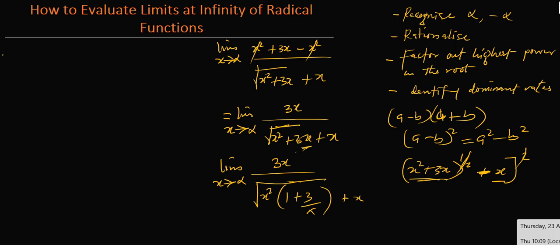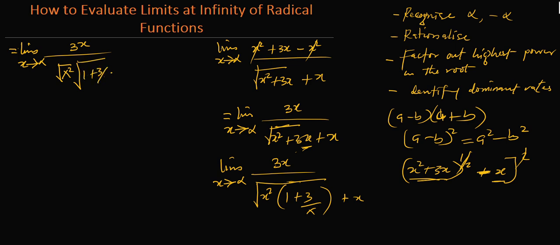And if we go further to evaluating this, what we will have left will be the limit as x approaches infinity of 3x all over, let's just write it out, root x squared multiplied by root 1 plus 3 over x, plus x. This is what we have here, right?